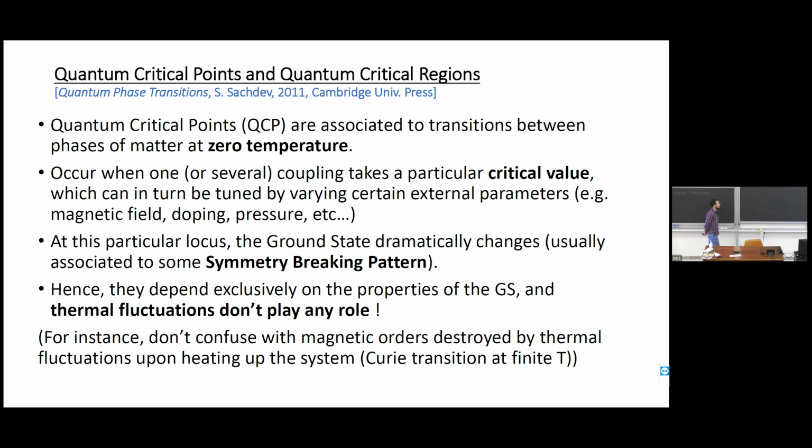Depending on the details of the model at hand, many of these couplings can be tuned by varying certain external parameters such as pressure, magnetic field, or even the chemical composition of the sample, as is the case with doping. So the main outcome is that one can usually tune a system to criticality.